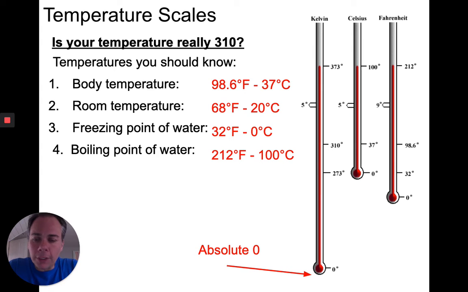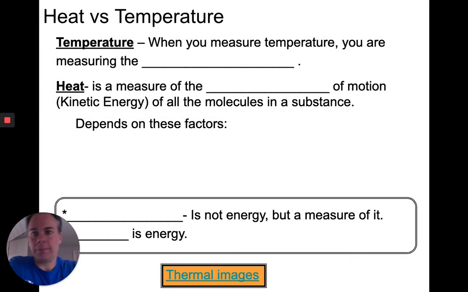That point at which molecules basically stop moving is called absolute zero. It's 0 degrees Kelvin, negative 273 degrees Celsius. Scientists haven't really brought material down to absolute zero. They've gotten very, very close, but absolute zero is basically the coldest that any object could theoretically get.